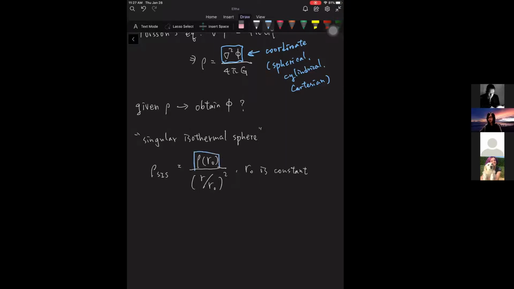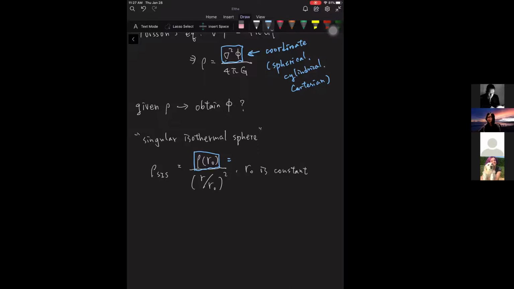So for the rho naught here, it is also a constant, and this could be related to the spherical density distribution, which is the same as the one in your first problem, but we will assume that the A factor is 0.